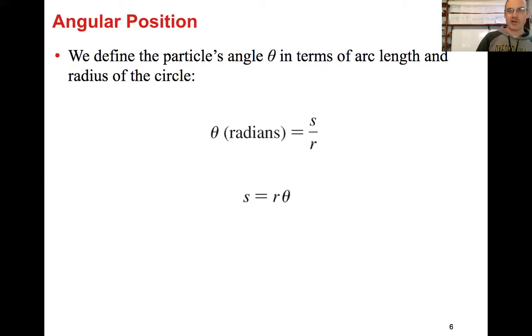Well, we define the particle's angle in terms of the arc of the radius of the circle. So the theta in radians is equal to S over R, and the S over R is the radius and arc length.